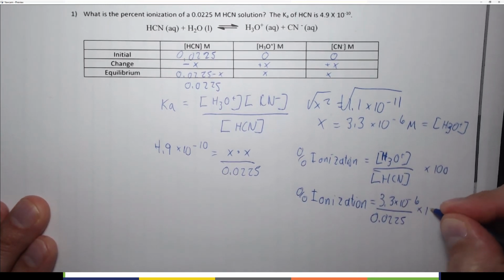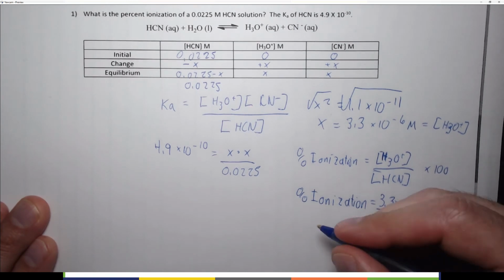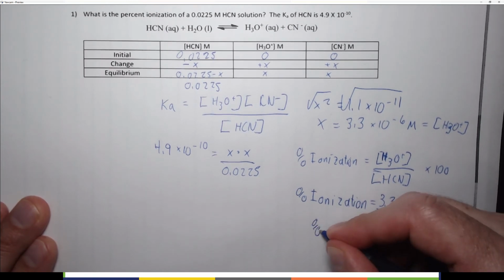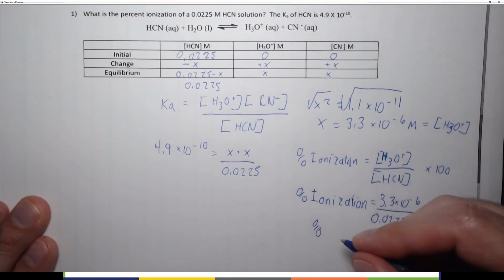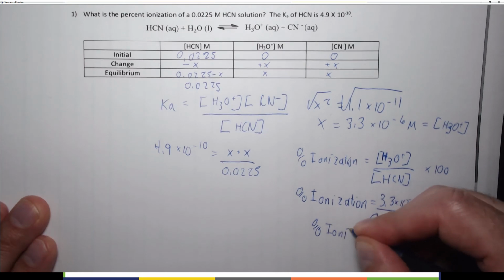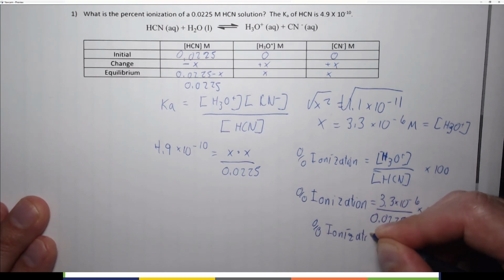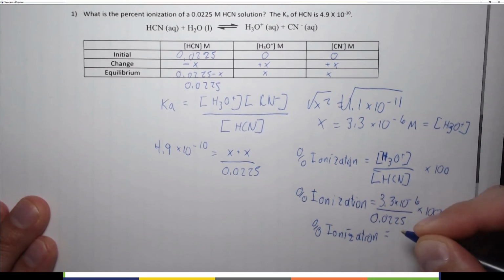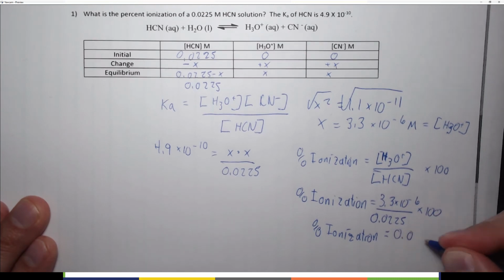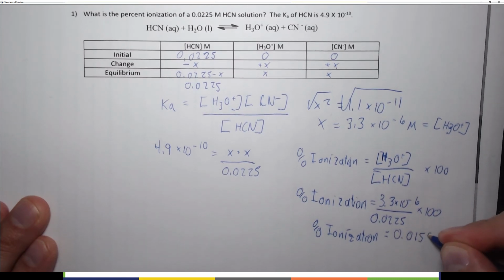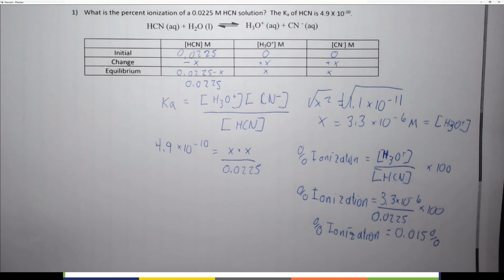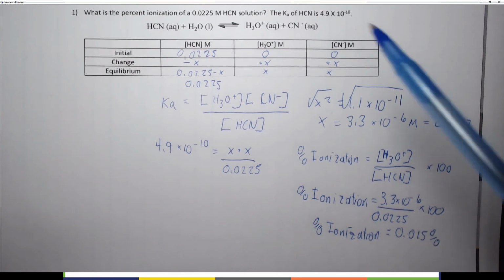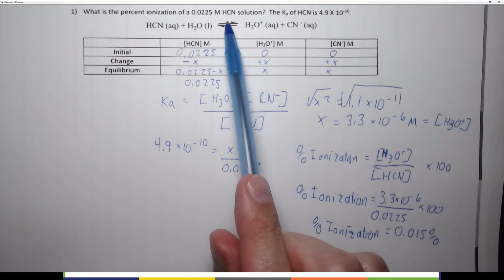And then when we do that math and multiply it by 100, we find that the percent ionization is equal to 0.015%.